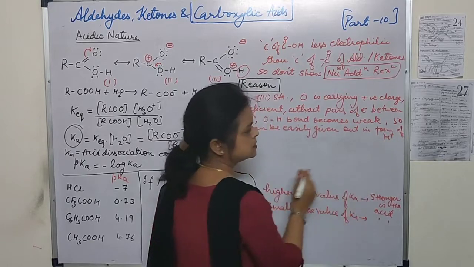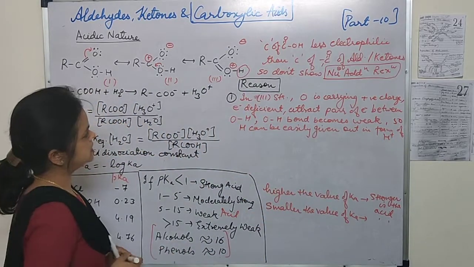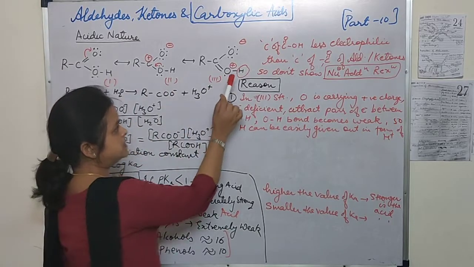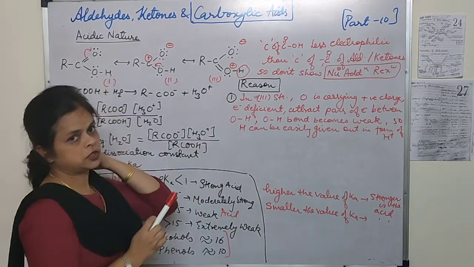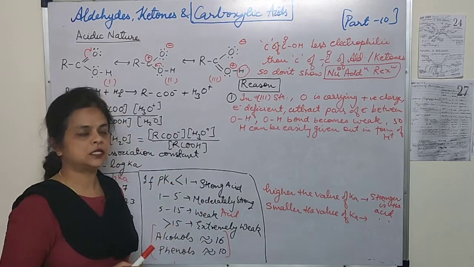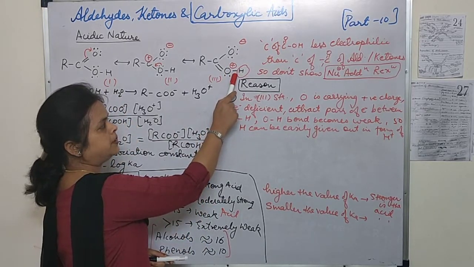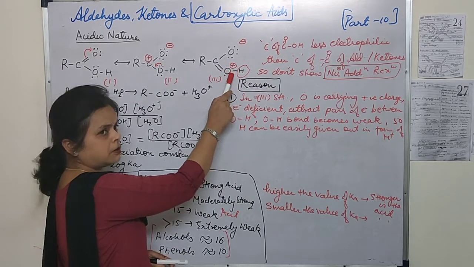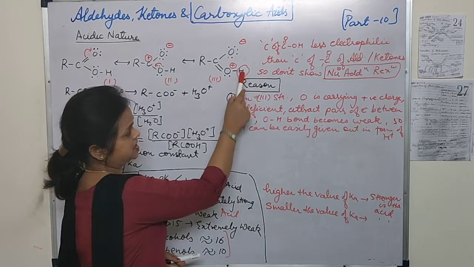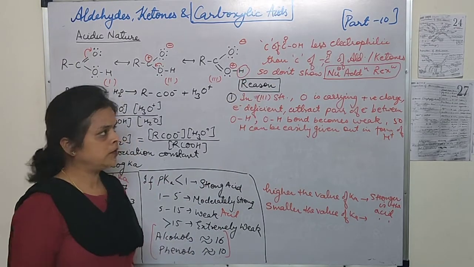So the first reason is: because of the resulting structures of RCOOH, one of the structures carries the positive charge on oxygen, and because of this electron deficient oxygen atom, it will pull the electron pair towards itself, weakens the OH bond, increases the polarity, and therefore this H can be easily given out in the form of proton.